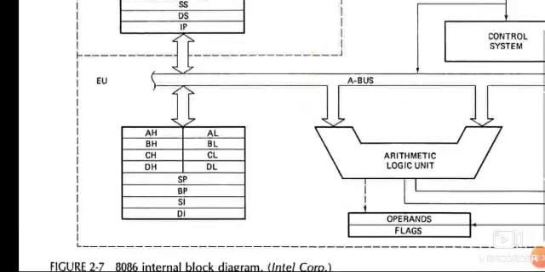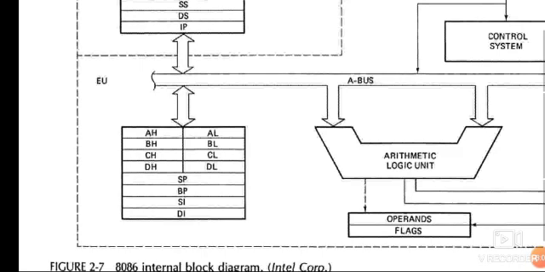Coming to the execution unit, you can see all the general purpose registers, which are AX, BX, CX and DX, which in turn are divided into AH, AL, BH, BL, CH, CL, DH, DL, where L represents the lower order register and H represents the higher order register. It also has the stack pointer, base pointer, source index and destination index.